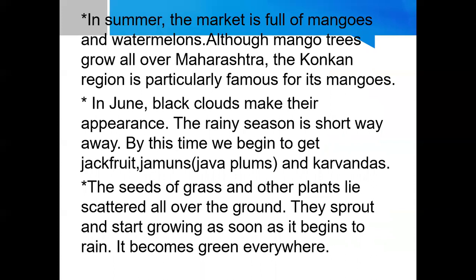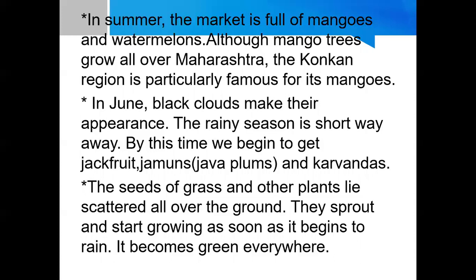The rainy season is here. By this time you begin to get jackfruit, jamuns, that is called java plums, and karvandas. The seeds of the grass and other plants lie scattered all over the ground, and they sprout and start growing as soon as it begins to rain.